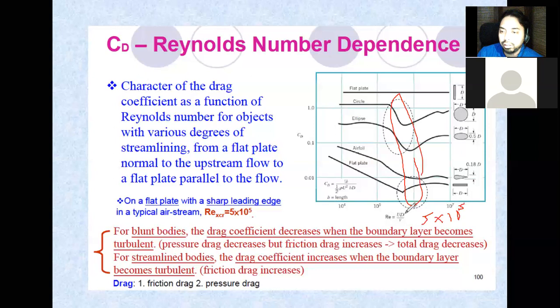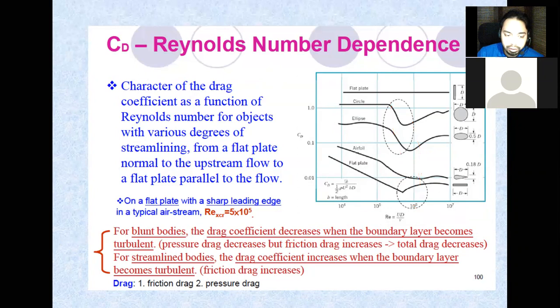Once you reach that, you have a decrease in the pressure-induced drag because of the turbulence. Remember CdP from before. The pressure-induced drag decreases, but you have another component, CdF, the friction drag, and the drag is the combination of those two components.